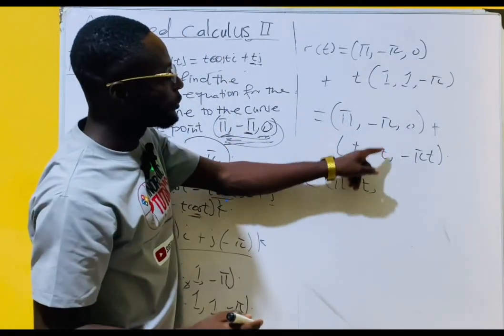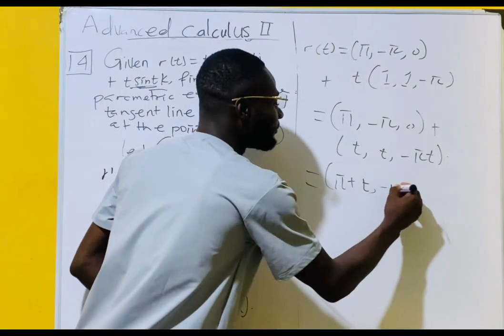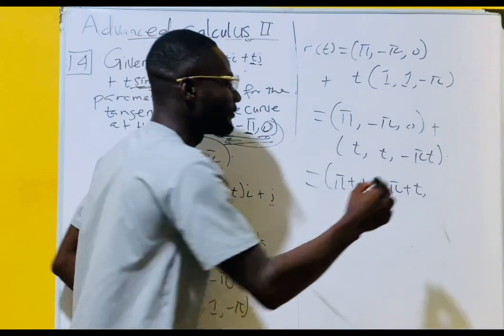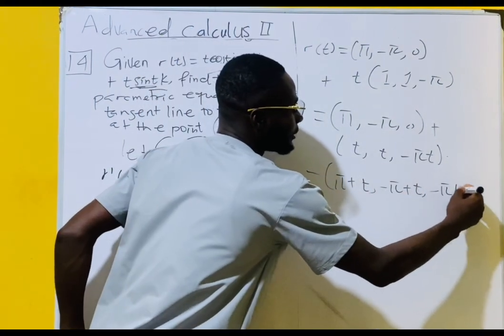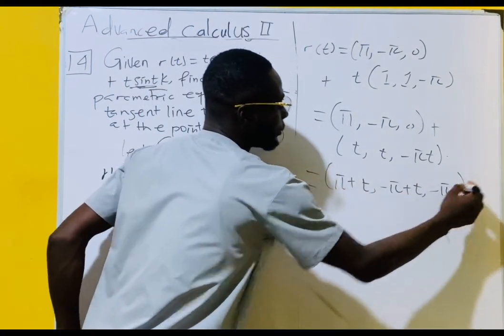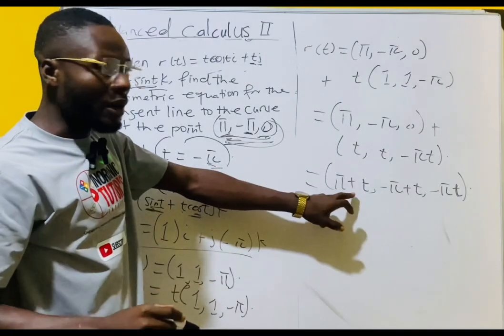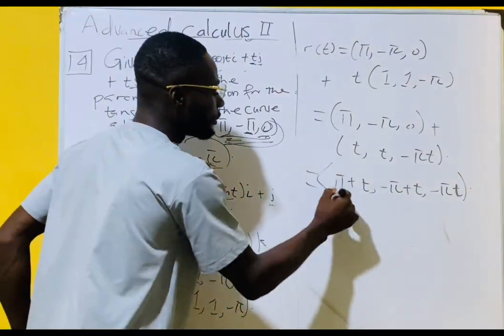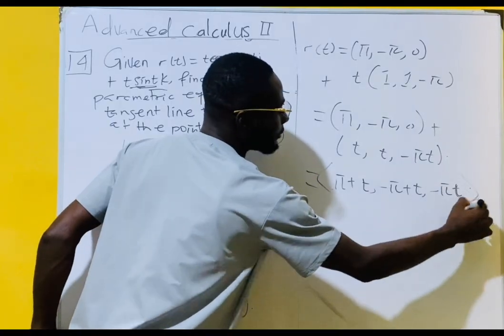Then this to this, we're going to have negative pi plus t. Then this to this, we're going to have negative pi t, right? So this is our parametric equation, so we have to use the angle brackets.